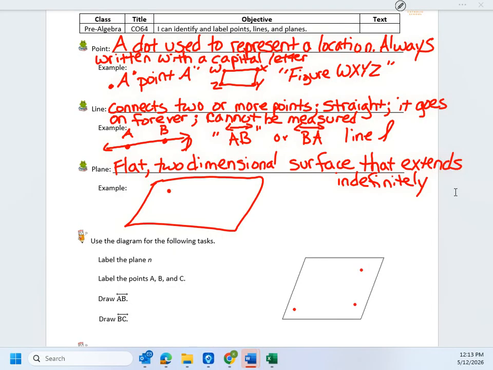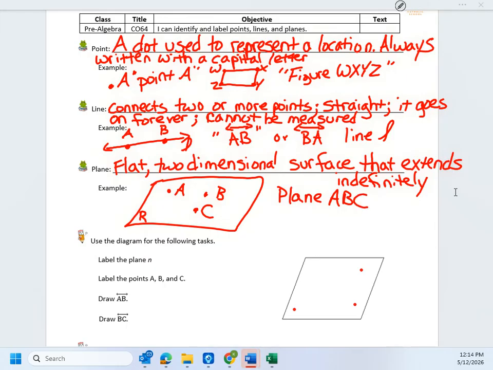We could have point A, point B, point C, are points in that plane. And then you might see something like an R there. So you can name the plane after the points that are in it, like plane ABC.